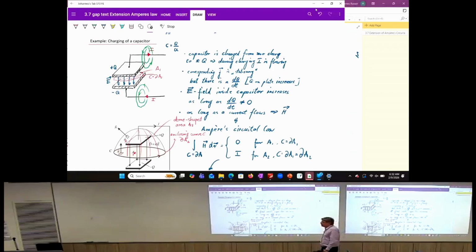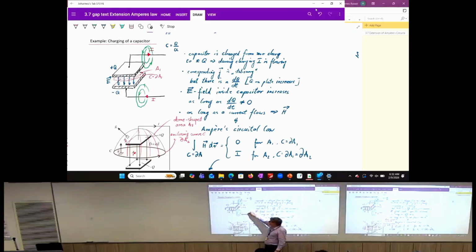Because actually we violated the regime where it is supposed to work. So we said the Ampere law is working whenever we deal with stationary currents. And this I also put in quotations here.